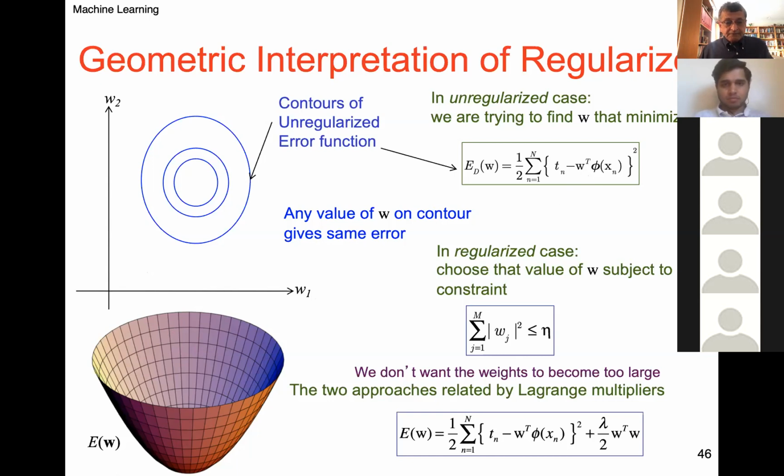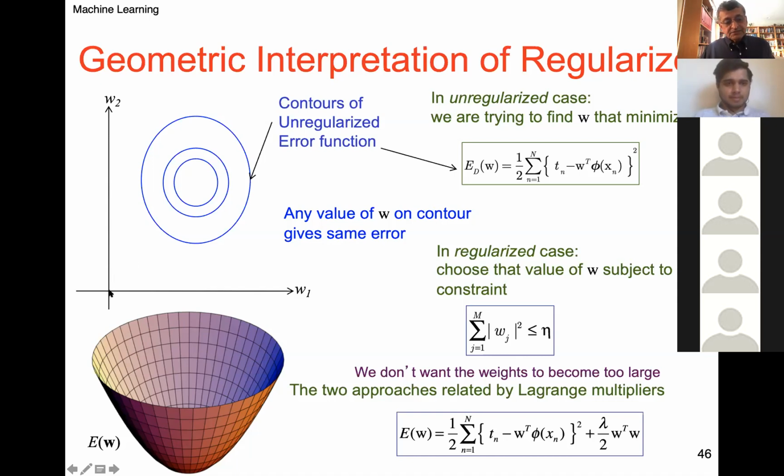But if we regularize it, we're saying don't give me an answer where W1 and W2 correspond to the center value. This says I want a solution that not only keeps this bowl small, but also keeps the length of that weight vector as small as possible.